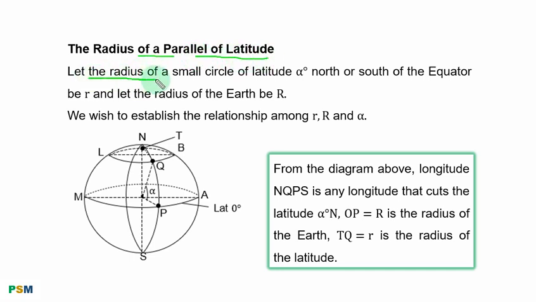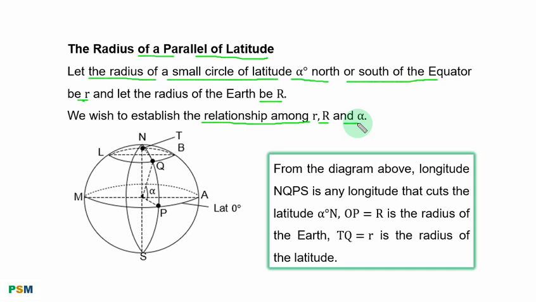Let the radius of a small circle of latitude alpha degrees north or south of the equator be small letter r, and let the radius of the earth be capital R. We wish to establish the relationship among the radius of a small circle, the radius of the earth, and alpha, the angle of latitude.